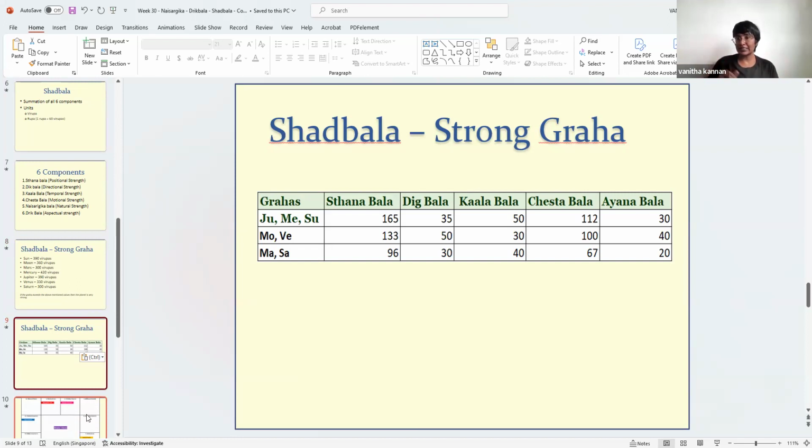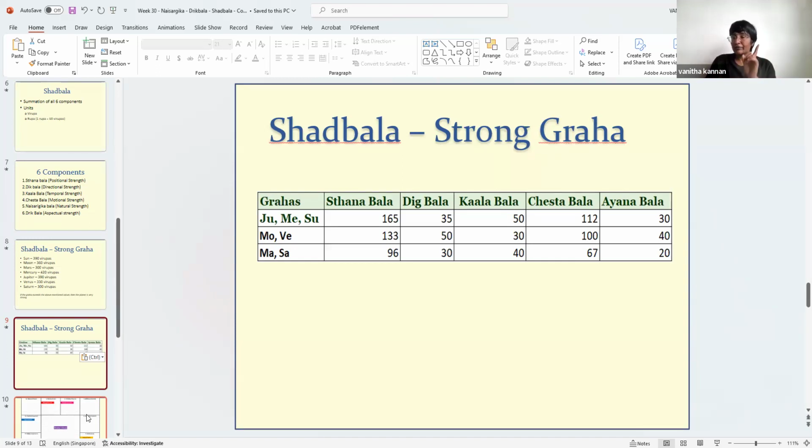Now we'll see the different strengths: Sthana Bala, Drikbala, Kala Bala, Shadbala, Ayana Bala. The Ayanam you already know, I believe. Dakshina Ayanam we consider as an Ayana Bala. We don't confuse there. Now, for the Sthana Bala, if the graha, that is Jupiter, Mercury, and the Sun, has at least 165 in the Sthana Bala, I'm giving the number, it is at least, then it is considered a strong graha.